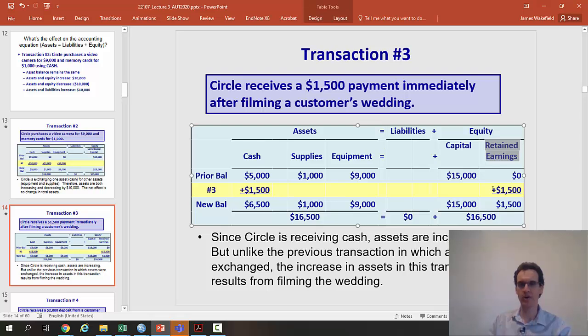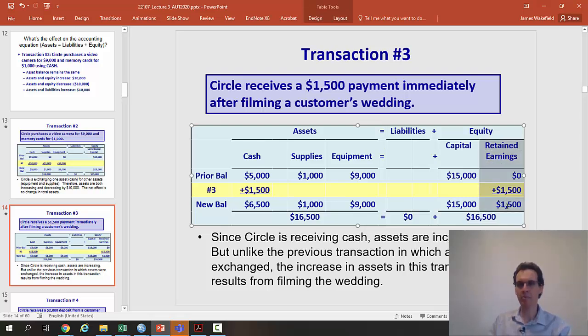So when a business generates $1,500 in revenue for completing a service, we add the $1,500 to the equity side of the equation, and therefore we have a $16,500 total on the liabilities and equity side, which matches the asset side. So again, we're still in balance.